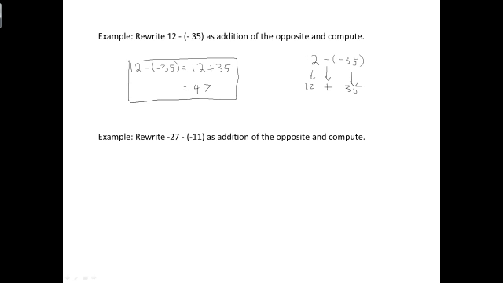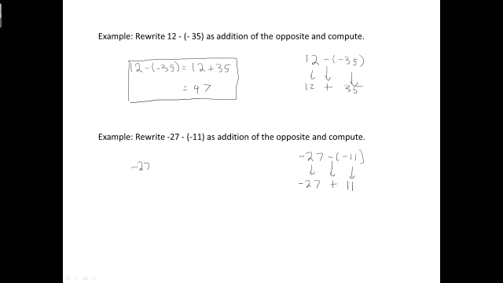Example, rewrite negative 27 minus negative 11 as addition of the opposite and compute. Negative 27 minus negative 11. Again, the first number stays the same. The subtraction turns into addition, and then we take the opposite of the last term, which is positive 11.